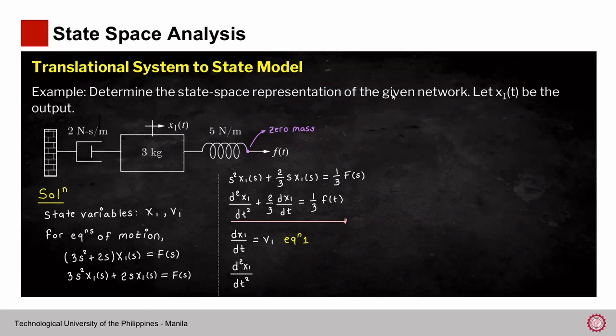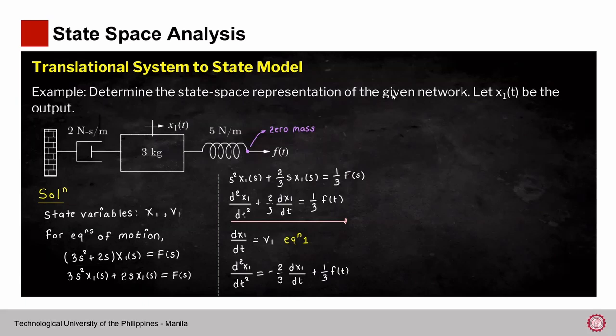So this is equal to, it comes from the differential equation, negative 2/3 of dx1 over dt, plus 1/3 f of t. Where does that come from, sir? From the differential equation, the underlined part. We just transposed it.